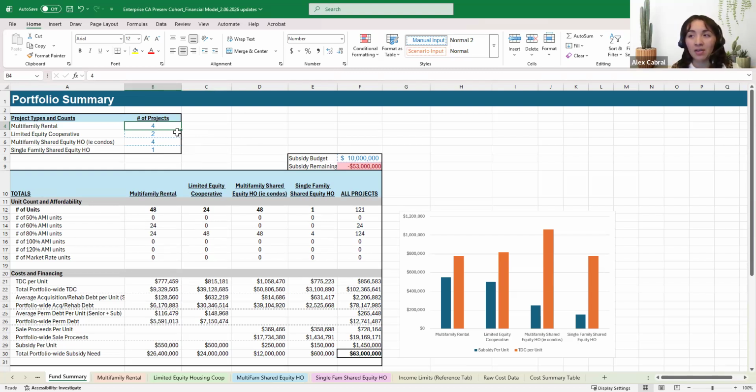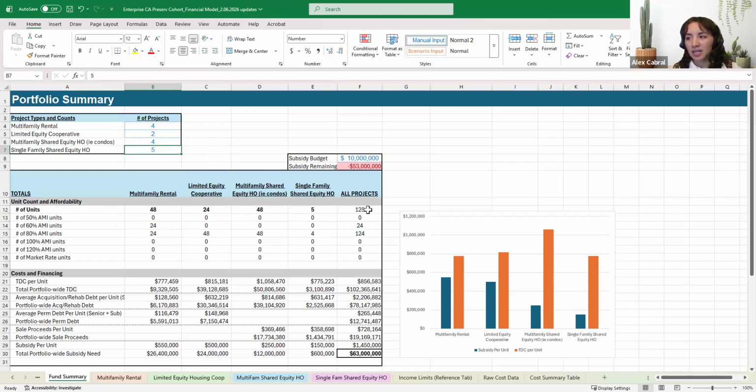We're going to say in our portfolio, we want to fund 4 multifamily rental projects of the type that we just modeled out, 2 limited equity co-ops, 4 multifamily shared equity homeownership projects, and 1 single family. Maybe we'll say 5. Let's throw in 5. As you can see, I'm able to change these.